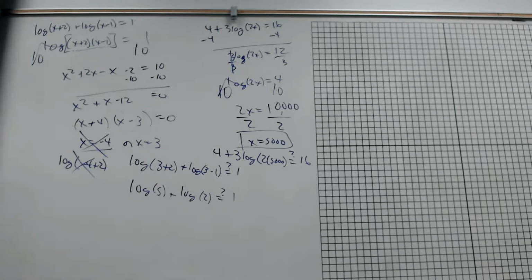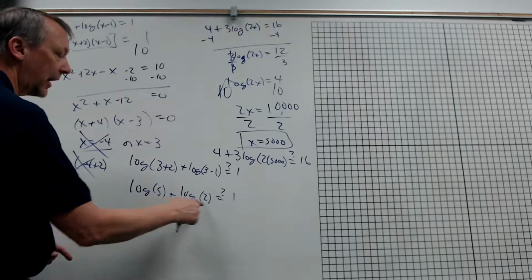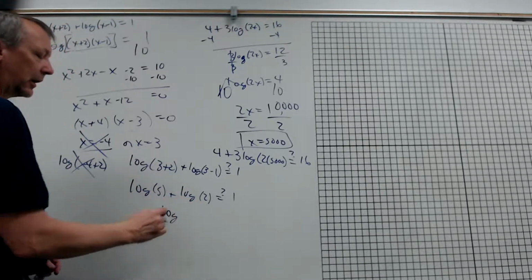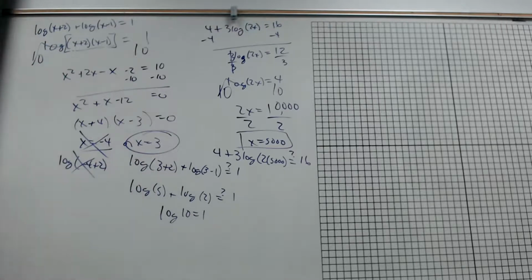Yes, because we can combine that, and that becomes log of 10, which equals 1. So that one is a correct answer. But this one, even though it factors, we have to throw that out. It doesn't work. So really important to check your answers on those.